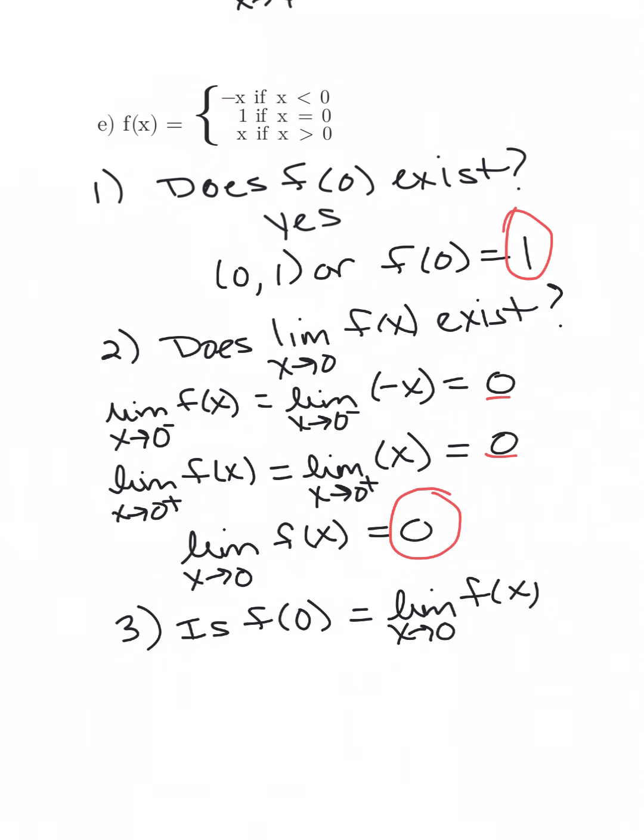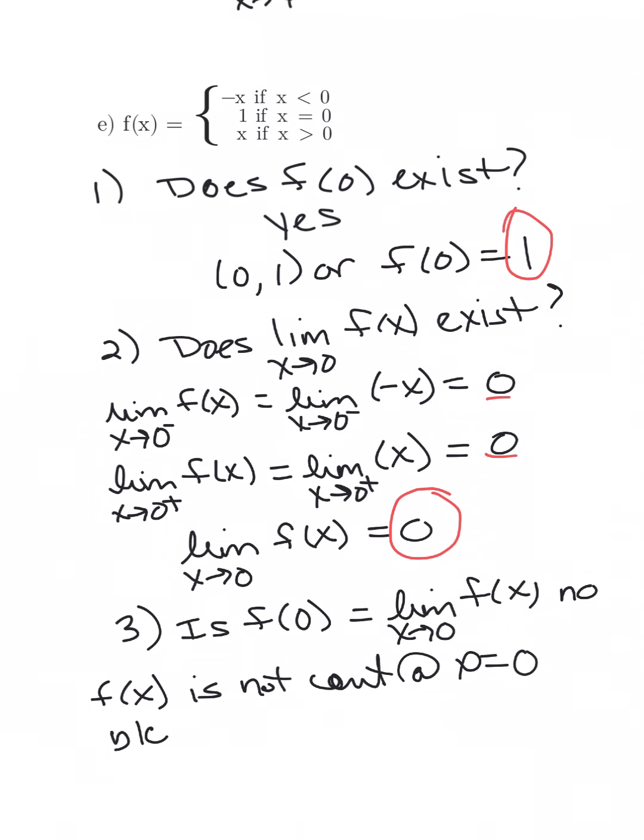They are not the same. So what that tells us is that f of x is not continuous at x equals 0 because f of 0 is not equal to the limit as x approaches 0 of our function.